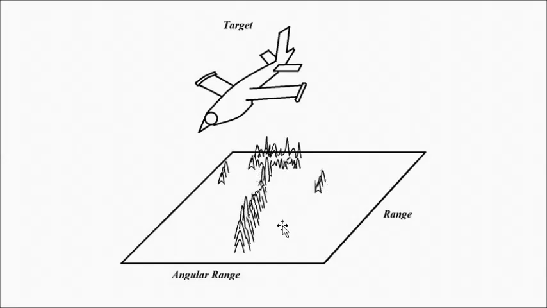Just by looking at the image profile, we can guess what the unknown target object is. The shape and size of the image profile give us approximate information about the nature of the target object. So these are some of the basic concepts related to the measurement characteristics which take place with the help of radar.